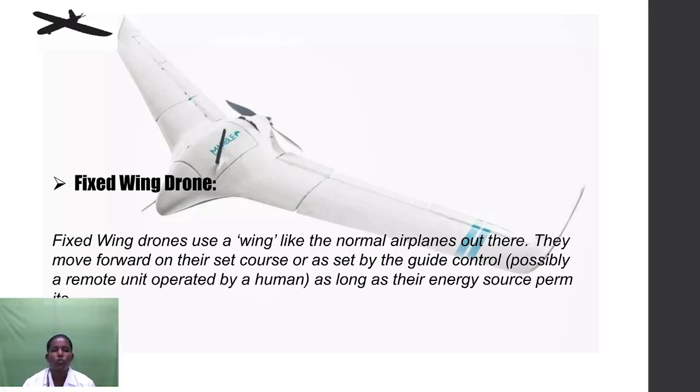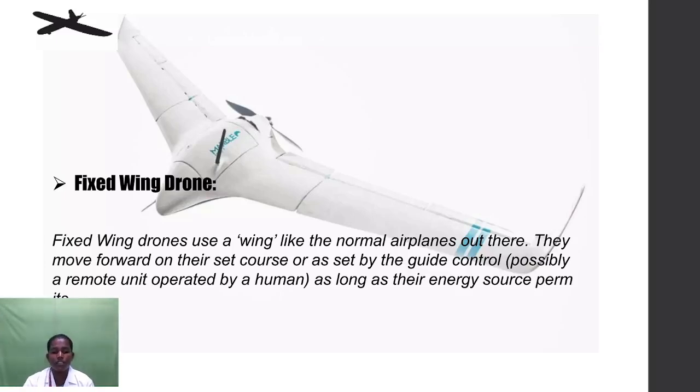Fixed wing means the drone looks similar, but the wings can't move. They are fixed to the body. We use a remote controller and data transmission for fixed wing. The fixed wings are similar to conventional aircraft. They generate lift through forward motion and are highly energy efficient.